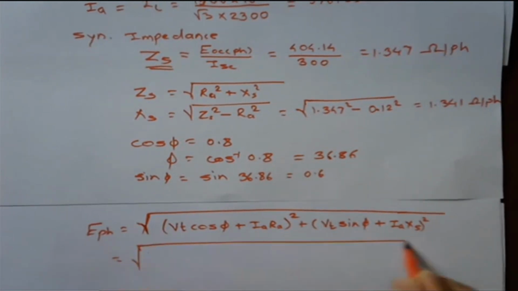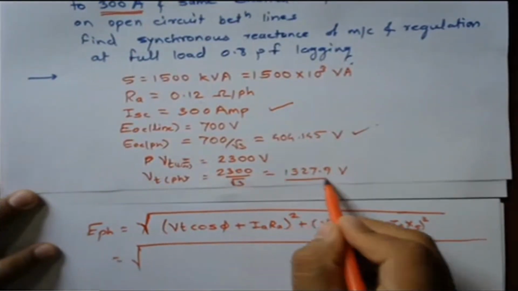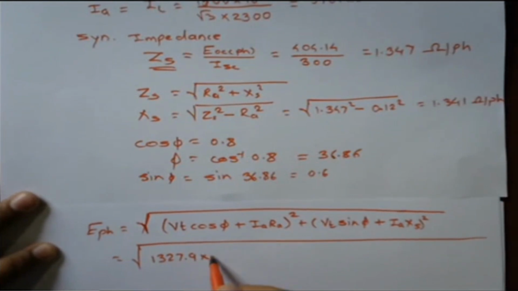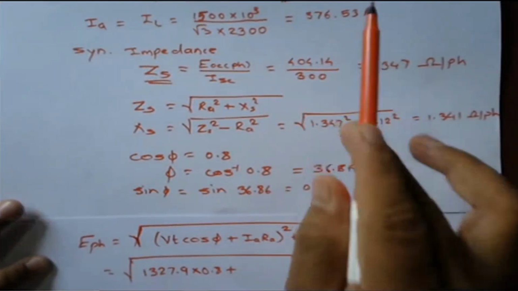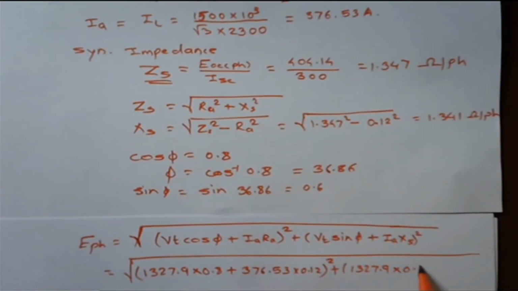So let me put the values of each and every term. Vt is equal to 1327.9 into cos phi, which is 0.8, plus Ia, which is 376.53, into 0.12, whole square, plus 1327.9 into 0.6 plus 376.53 into Xs, which is 1.341, whole square.